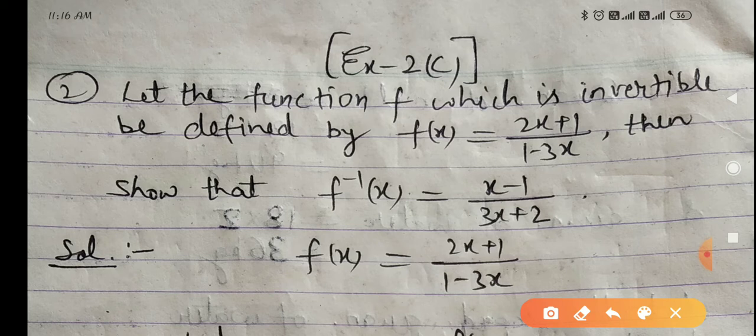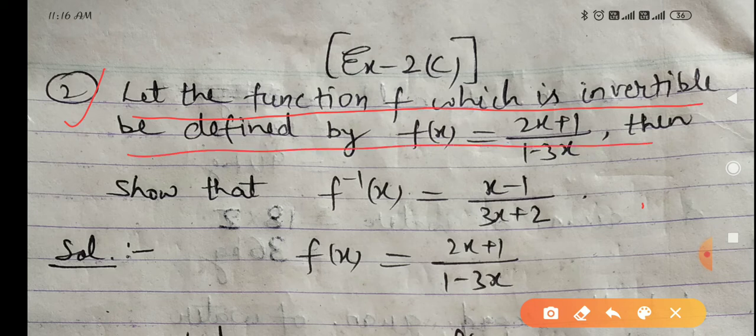Now the same thing you have to show here. If they ask in the question to show the function is invertible, then you have to show the function is one-one and the function is onto. Here in question number 2, let the function f which is invertible be defined by f(x) = (2x + 1)/(1 - 3x), then show that f inverse(x) = (x - 1)/(3x + 2).